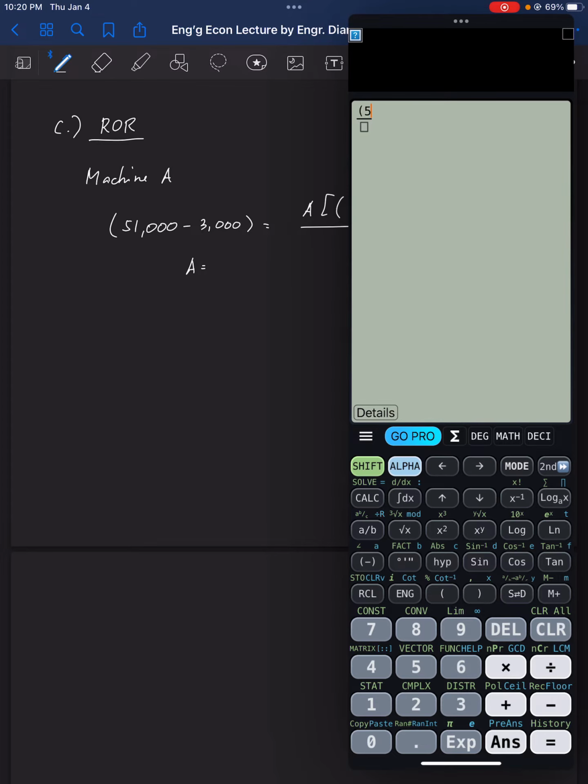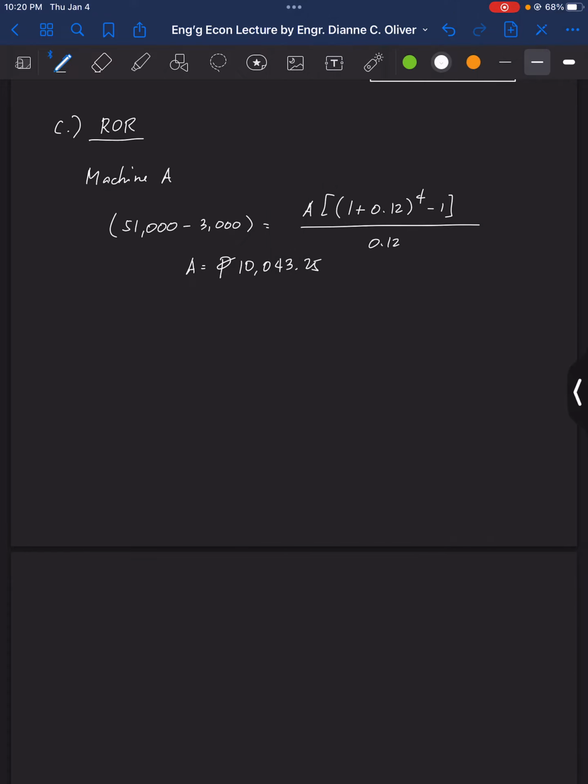So 51,000 minus 3,000 times 0.12 over 1.12 raised to 4 minus 1. So 10,043.25. So that's the machine A depreciation.